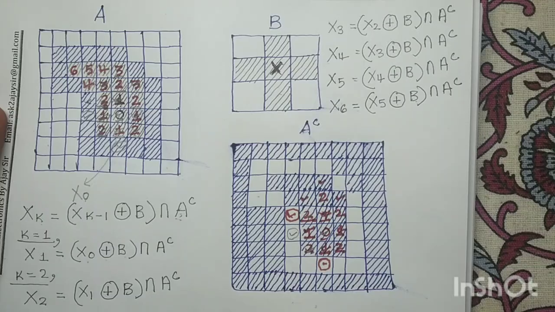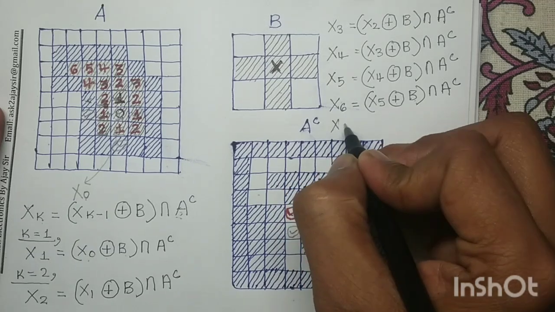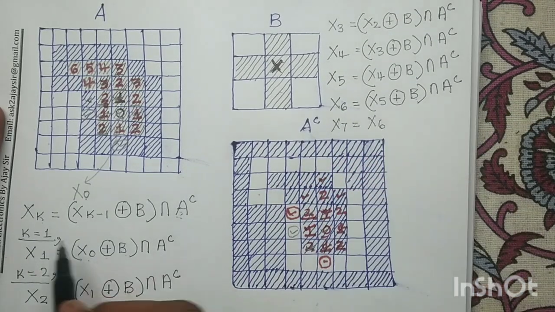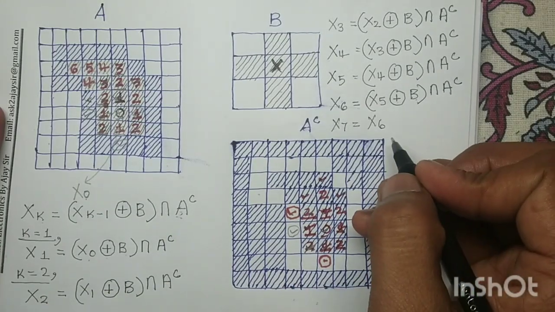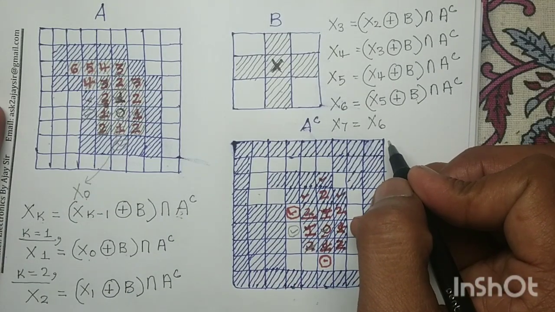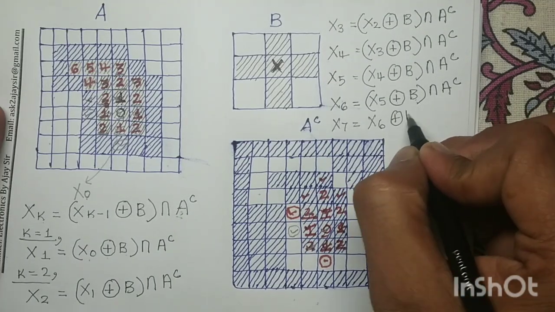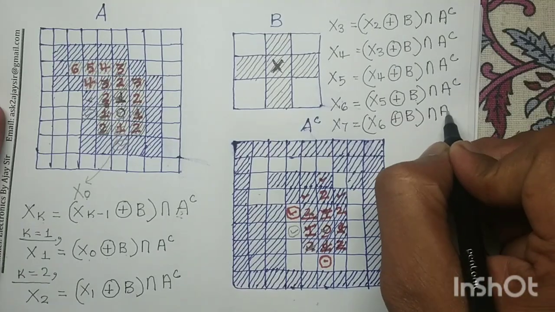After completion of the sixth iteration, if you perform the seventh iteration, the equation becomes X7 is equal to X6. In this equation in place of k I will substitute 7. So it becomes X6 dilation with the structuring element B intersection with A complement.